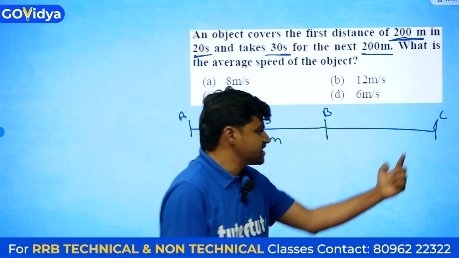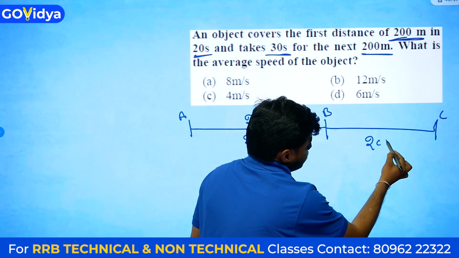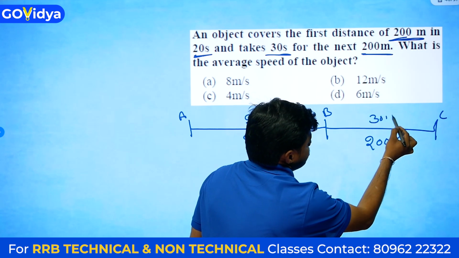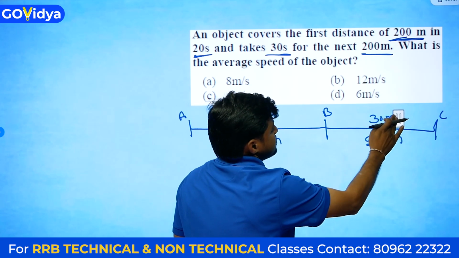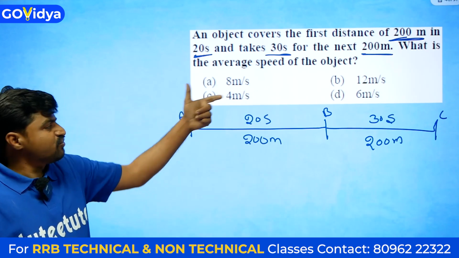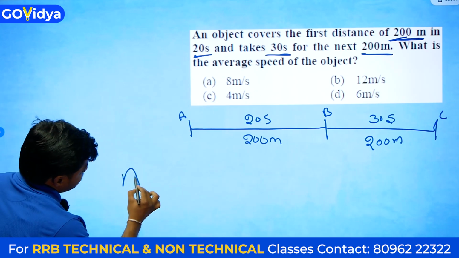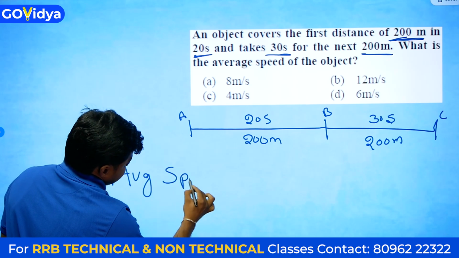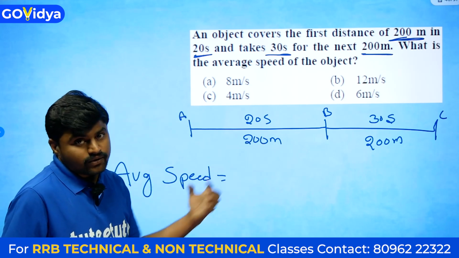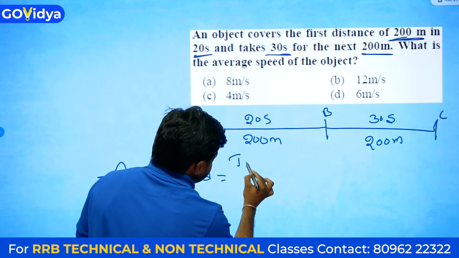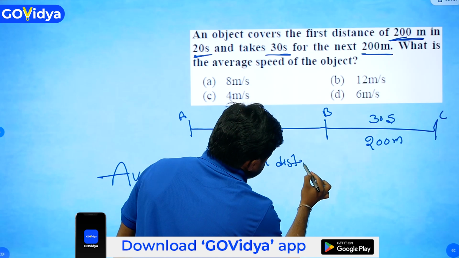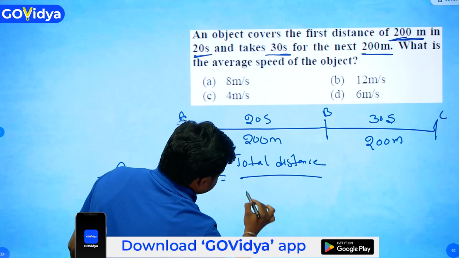From point B to point C, the next 200 meters is covered in 30 seconds. We have to find average speed. Average speed is equal to total distance by total time.